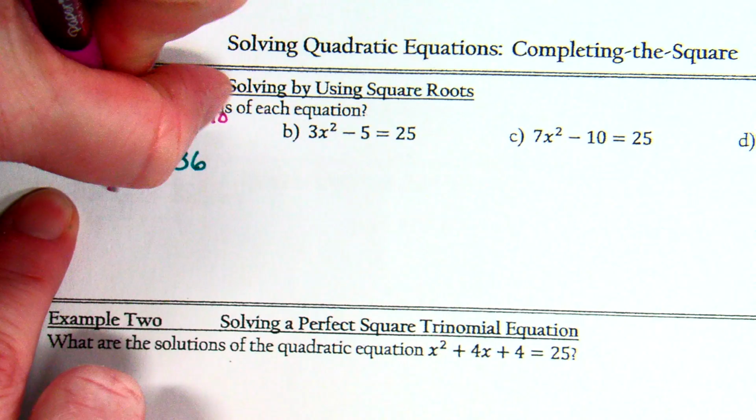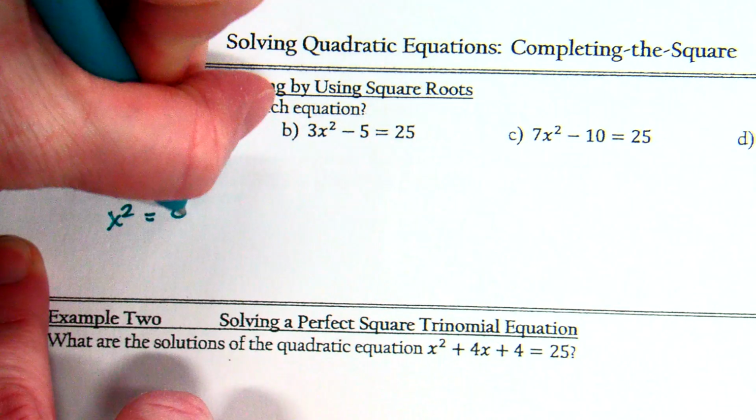If we divide by 4 on the left, we divide by 4 on the right. So then we end up with what equation? X squared equals 9. Now, if x squared equals 9, because 36 divided by 4 is 9, what's my next step?